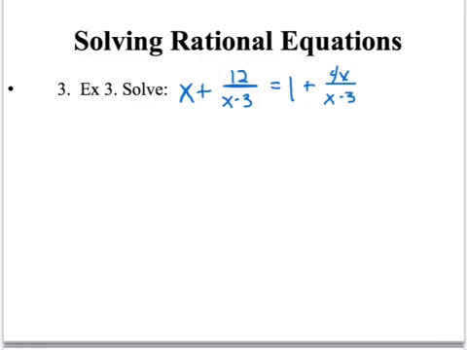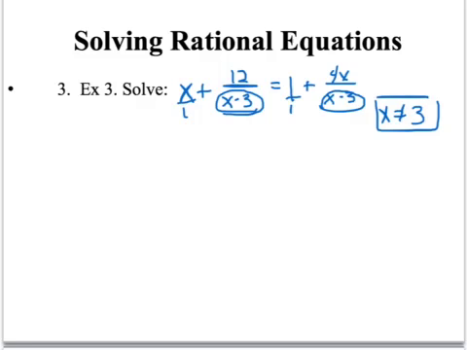Well, if you look at your denominators, x is really x over 1, 1 is 1 over 1, so the only denominator that has a variable, they're going to be the same, x minus 3 and x minus 3. So as long as x does not equal positive 3, we're going to be okay. I'm going to multiply every term then by my common denominator, which is x minus 3.